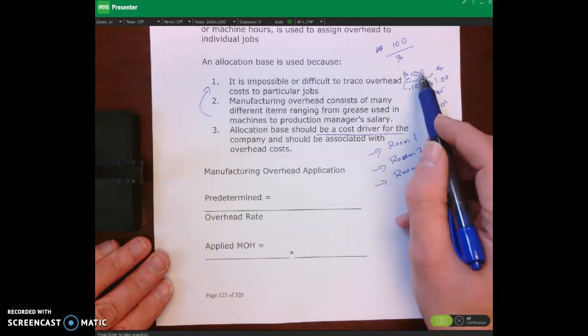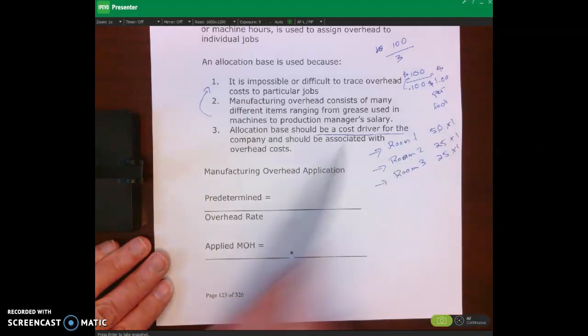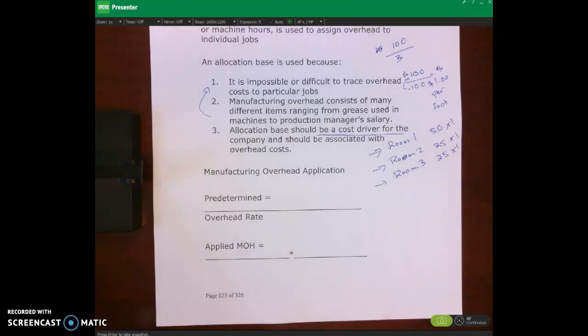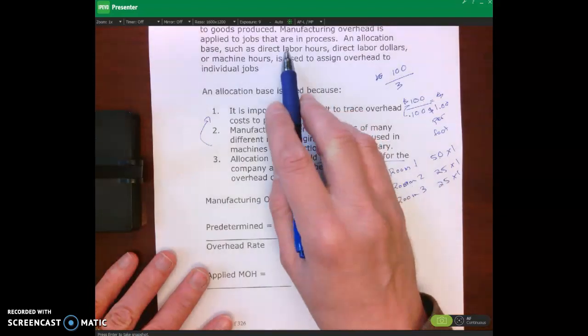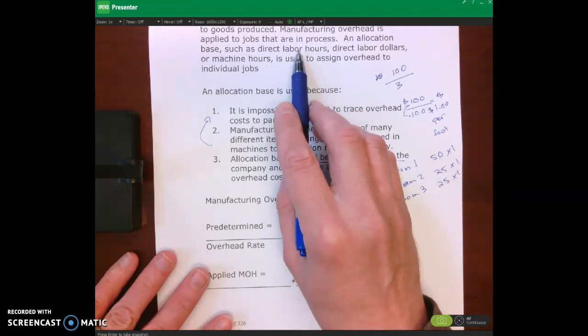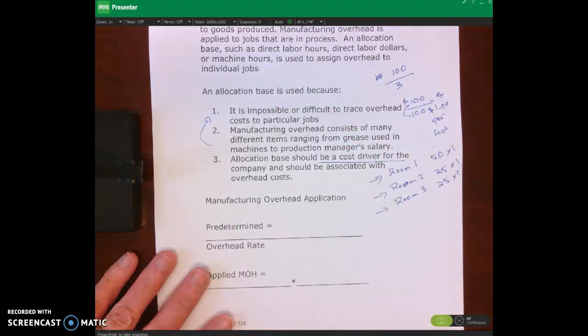It drives the costs of the utilities. And so that's what we're looking for in terms of the allocation base, okay? It needs to be a cost driver, and then it also needs to be associated with those overhead costs. Some example allocation bases that we'll use with job order costing: direct labor hours, direct labor dollars, and machine hours.